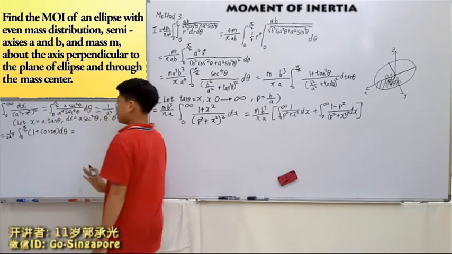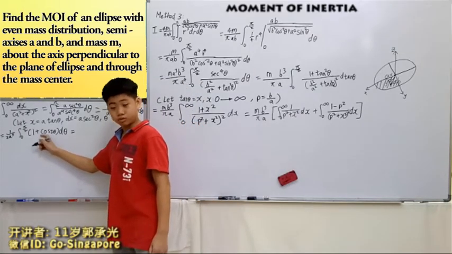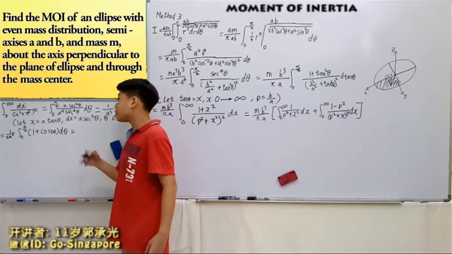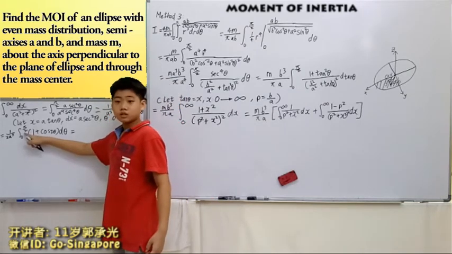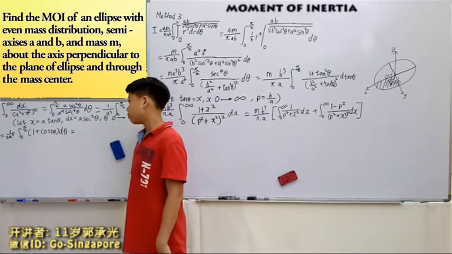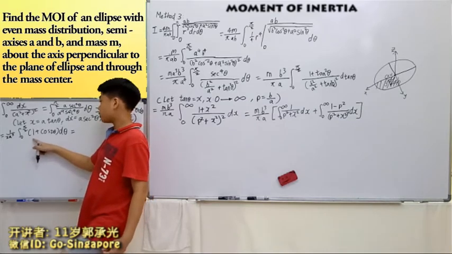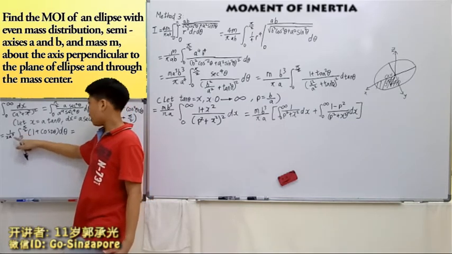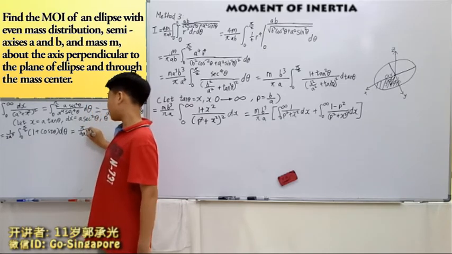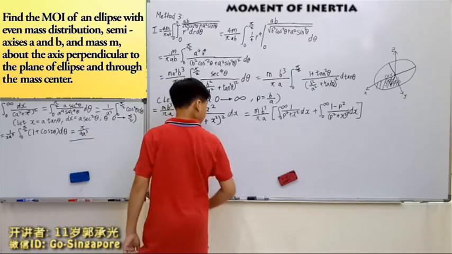Now it's very clear what the answer is, because the part at the back, cosine 2 theta, definitely becomes sine 2 theta. Then sine pi is 0, sine 0 is still 0. So we just need to look at the 1. That would become half pi. Half pi times this: pi over 4a cubed.